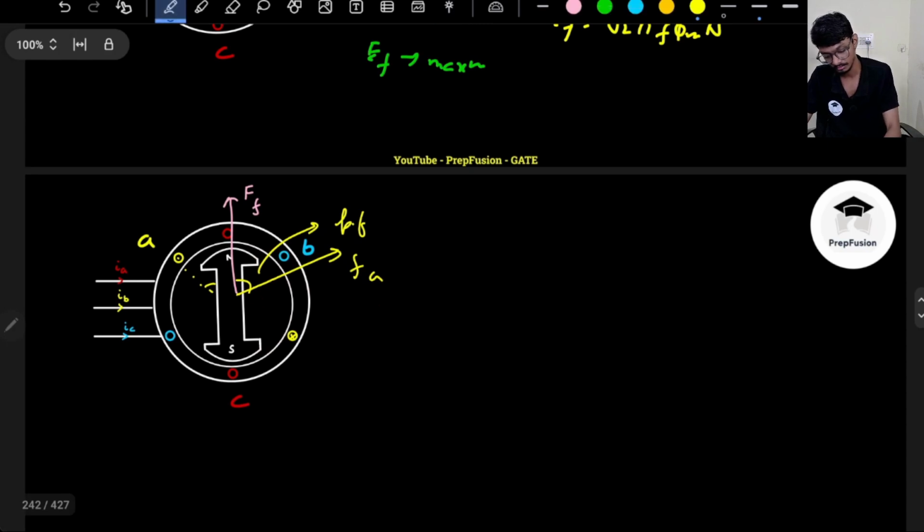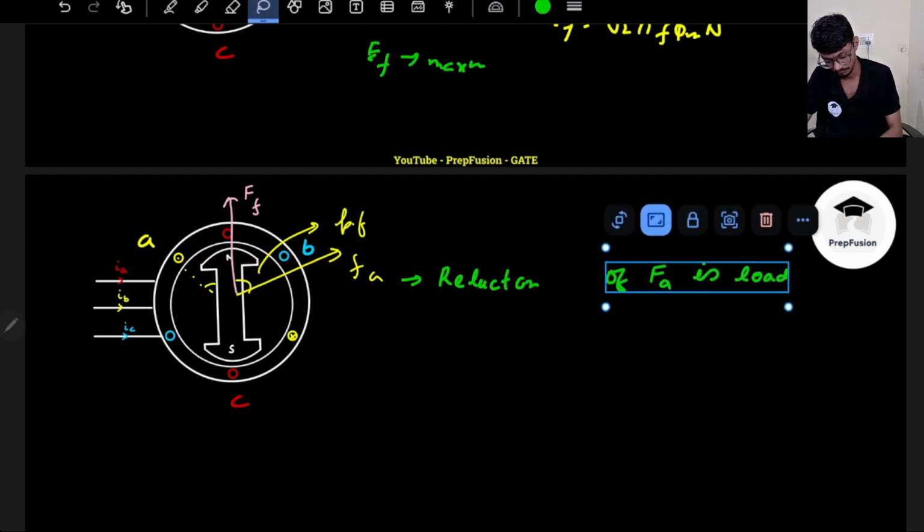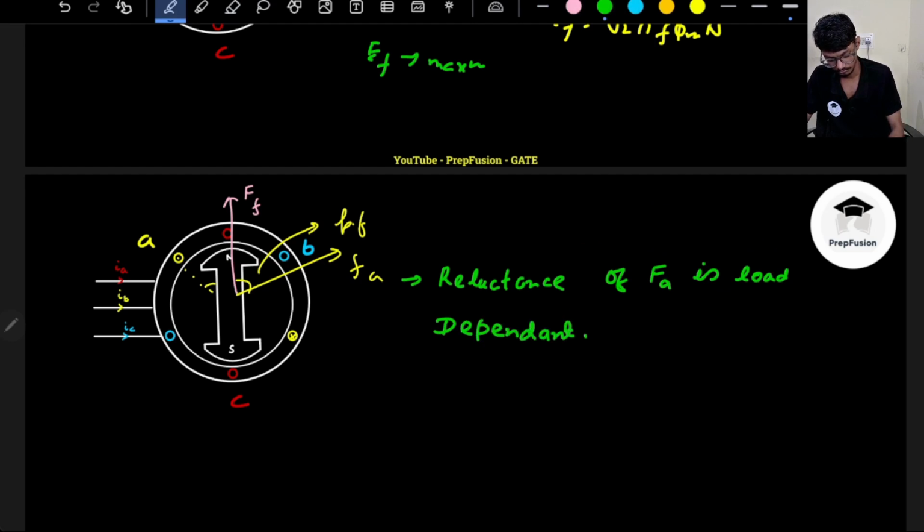So from this we can conclude, and the conclusion is important, that the reluctance of armature mmf Fa is load dependent.